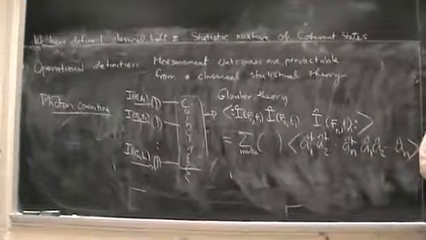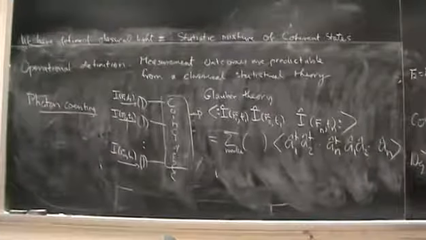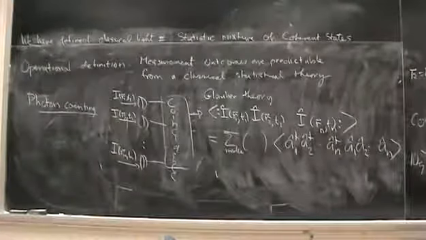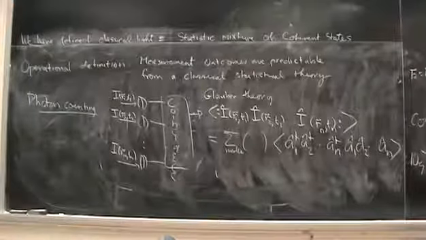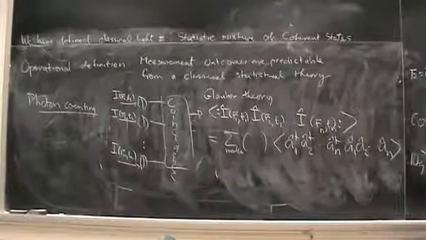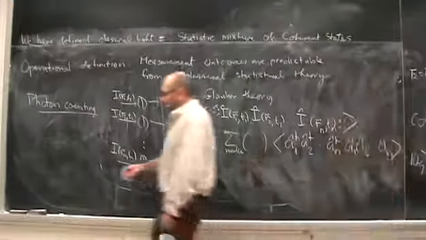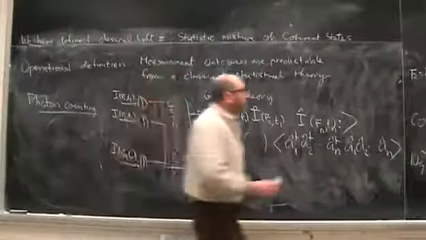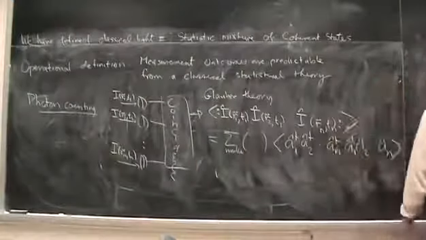That was our normally ordered product. So this was predictable from a classical theory.